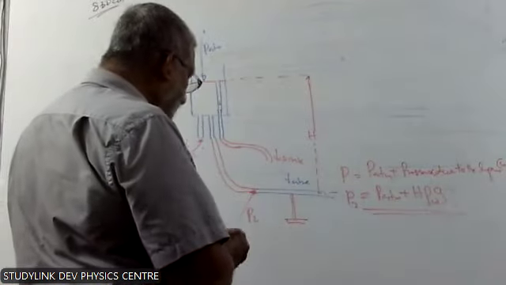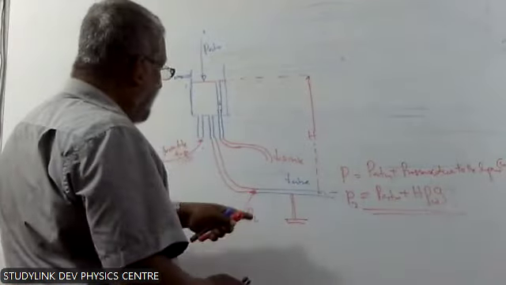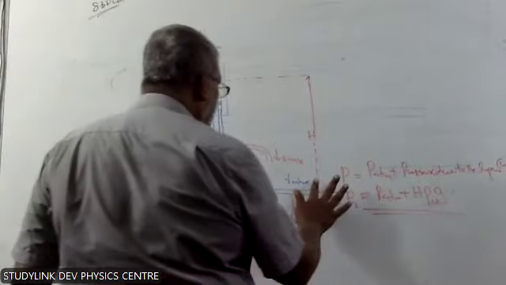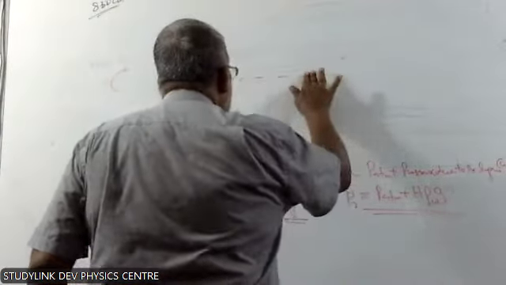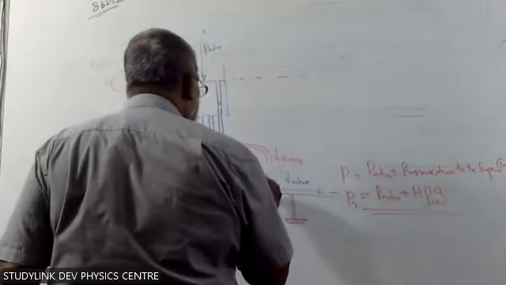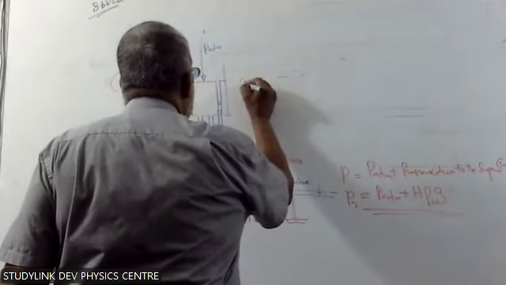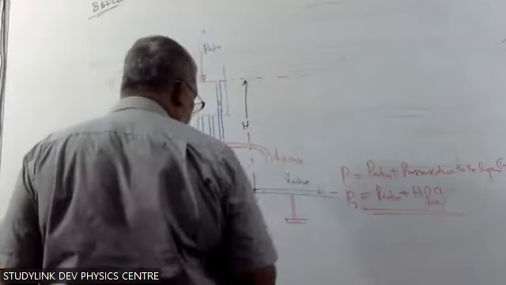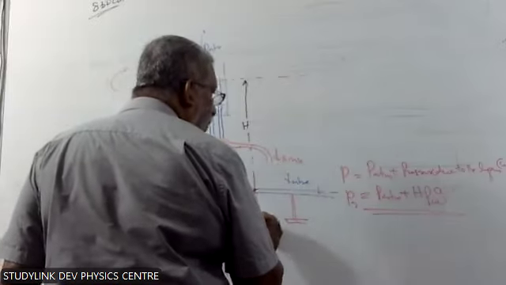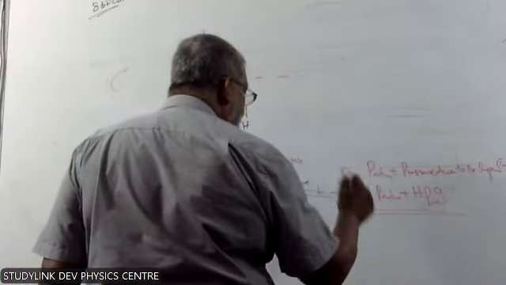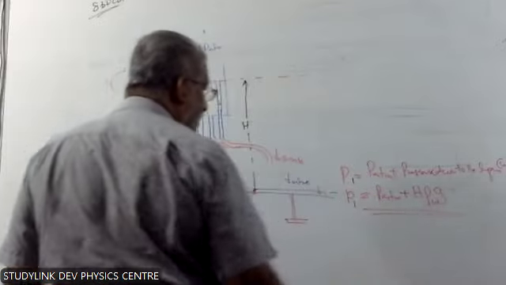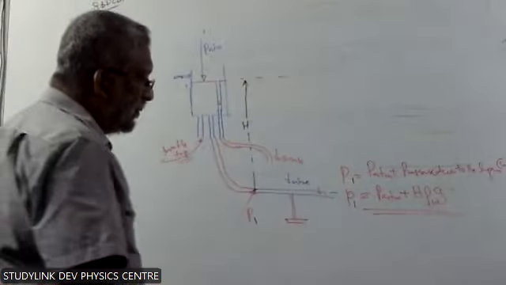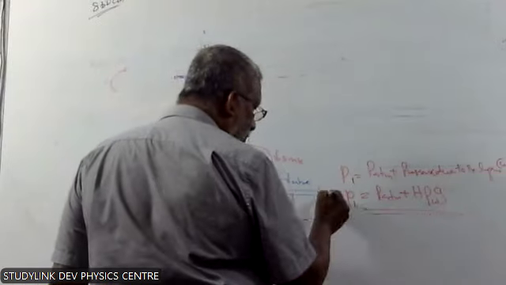But when you consider the other point, because I marked here, is it confusing? I'll draw the height here, from here, H, up to this point. This is P1. We'll consider the earlier method: first point P1, second point P2.